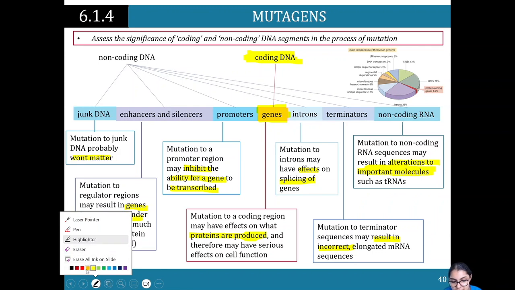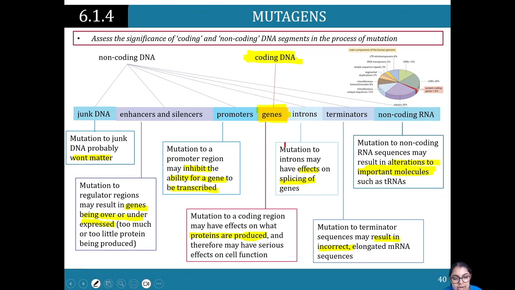So we can see how mutations to genes, to introns, to promoters, to enhancers and silencers, to terminators, and also to non-coding RNA, pretty much almost all of them, will have an effect. And that tells us that it's not ideal to have those mutations.